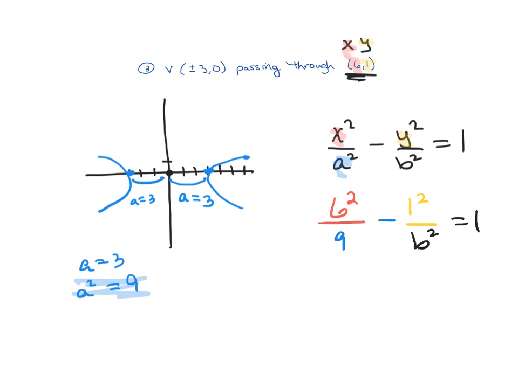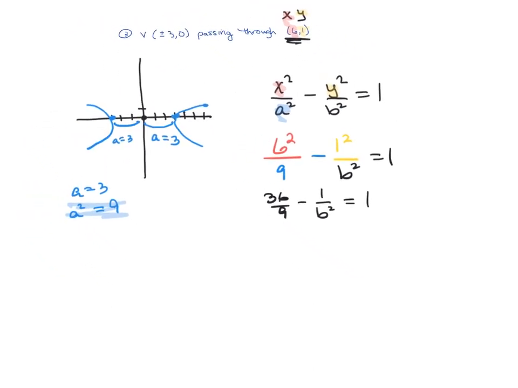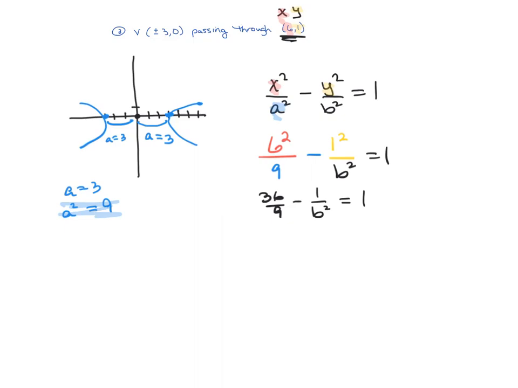So let's go ahead and take care of these squares. So it's going to become 36 over 9 minus 1 over b squared equals 1. Now, I could solve this 2 ways, and let me show you the 2 ways I'm going to do it. First way is I'll go ahead and divide 36 by 9, get 4, move the 4 to the other side, negative 1 over b squared equals negative 3.